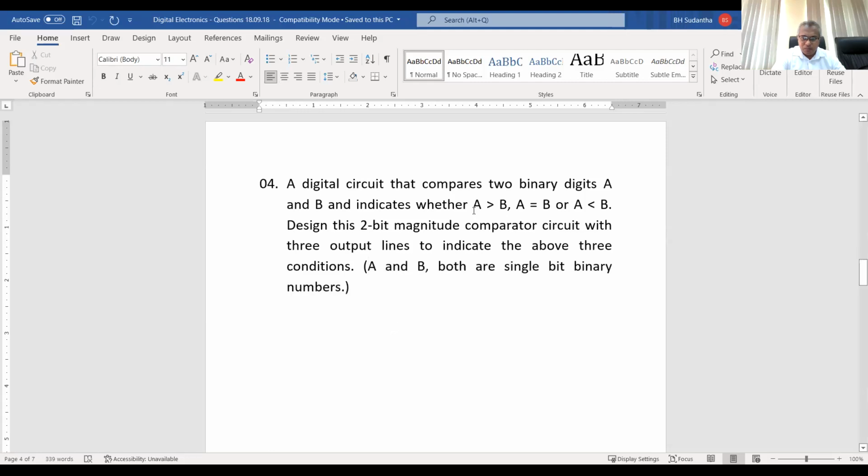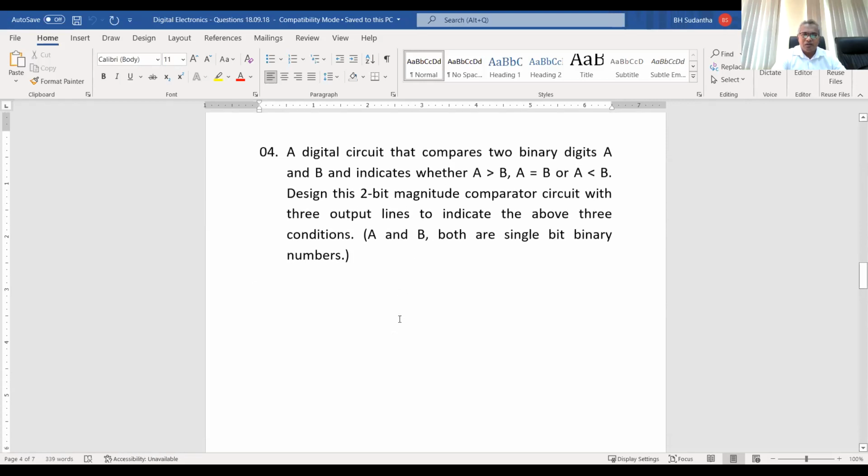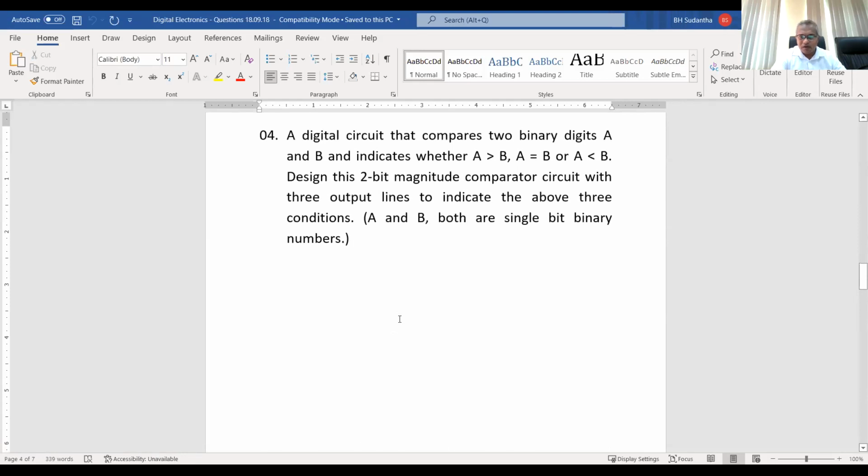Then the circuit will compare these 2 numbers and produce these outputs. Whether A greater than B, it will produce one output. A equals B, another output, and A smaller than B, it will generate another output. Then 3 outputs are there and 2 inputs are there. Shall we spend a couple of minutes and try to start this up?